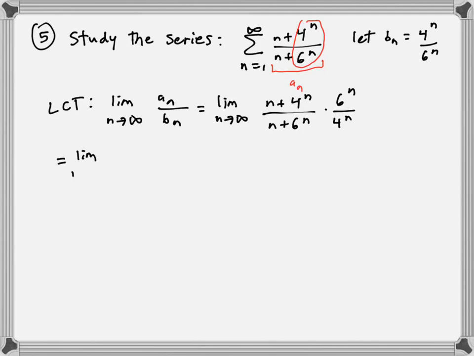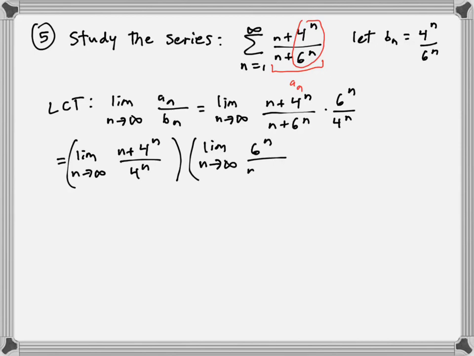I'm going to write this as a product of two limits, separating it into the ones that are related to each other that are easier to calculate. The first one is (n + 4^n) over 4^n. The second one is 6^n over (n + 6^n). On the first, I'm going to divide everything by 4^n on top and bottom.